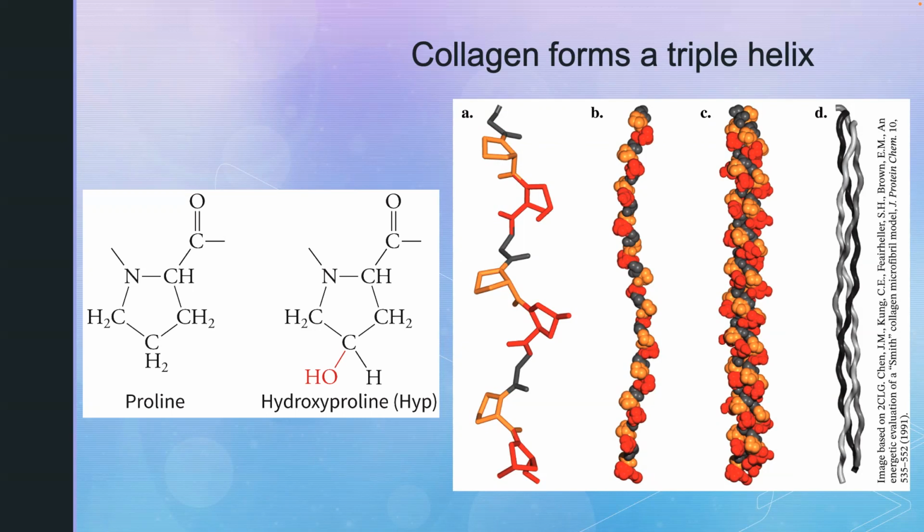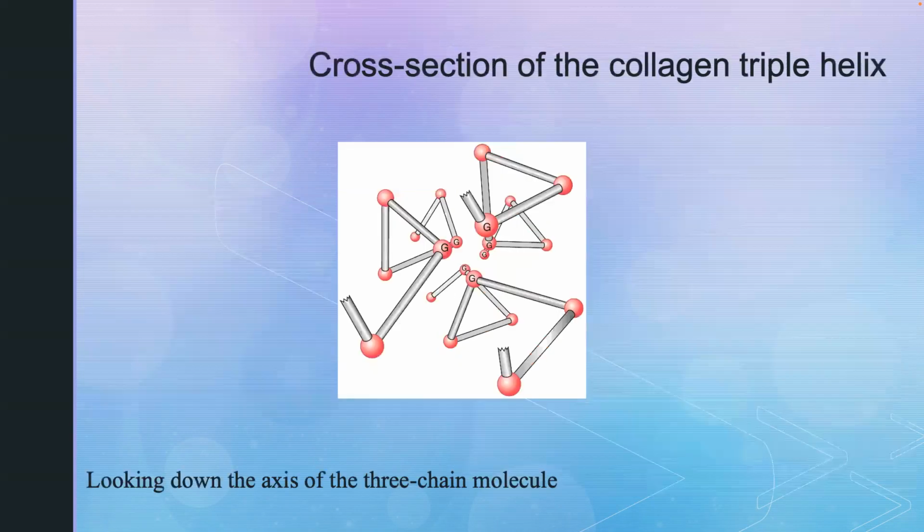Collagen can also covalently cross-link, and every now and then we will also see a lysine being added in and link together the triple helices. So this is showing you a cross-section of the collagen triple helix. And the thing I want to point out to you here is that the glycine residues, which lack side chains, are marked by the G, and those are located at the center of the triple helix.